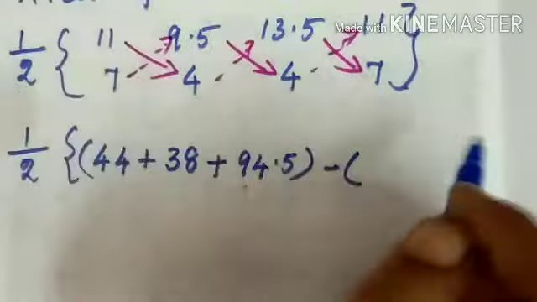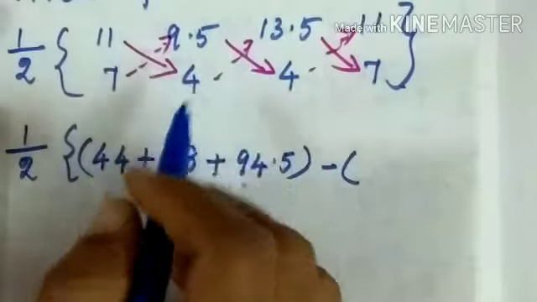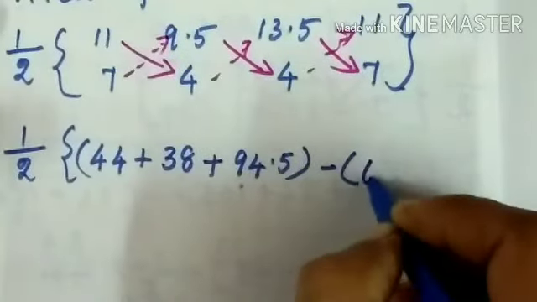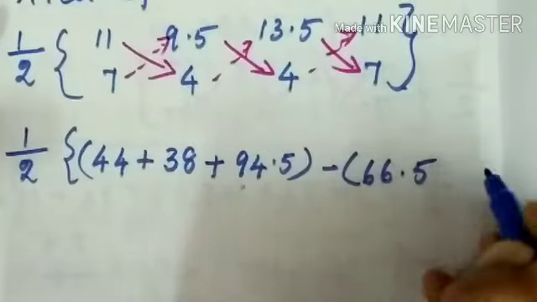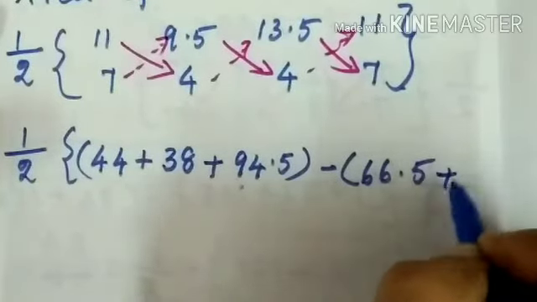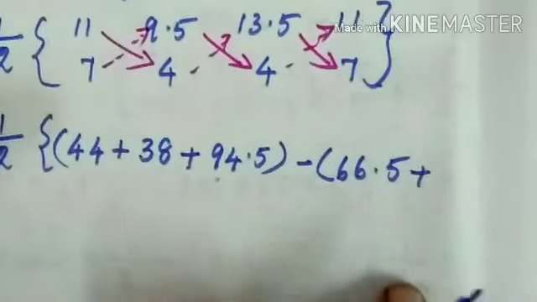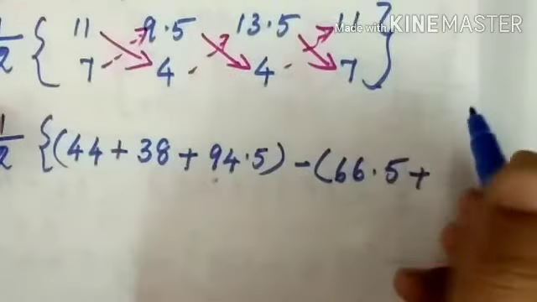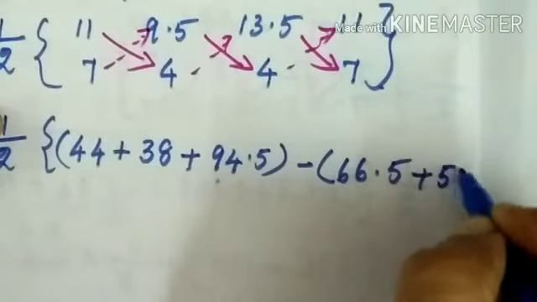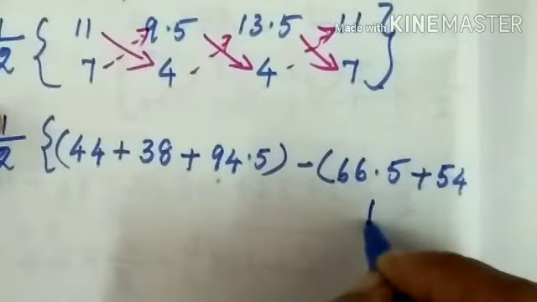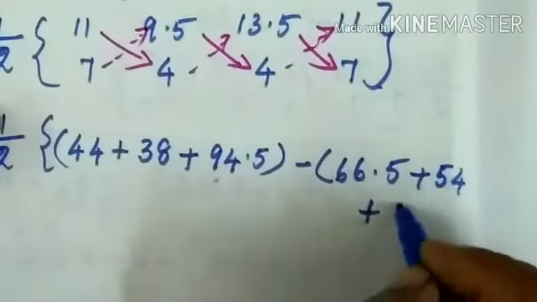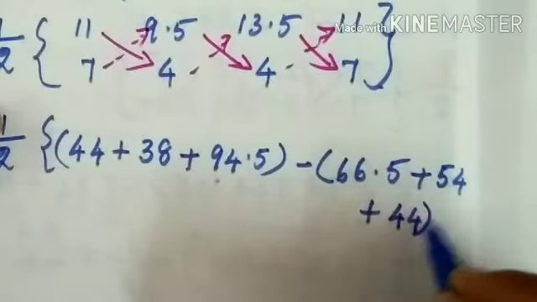Then we get 7 into 9.5, 66.5, plus 4 into 13.5, 54.0, that is 54, plus 4 into 11, 44.